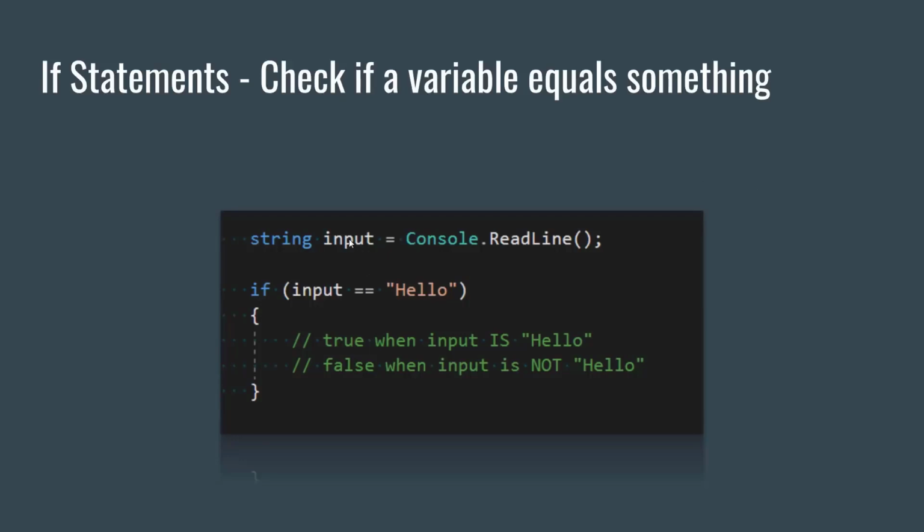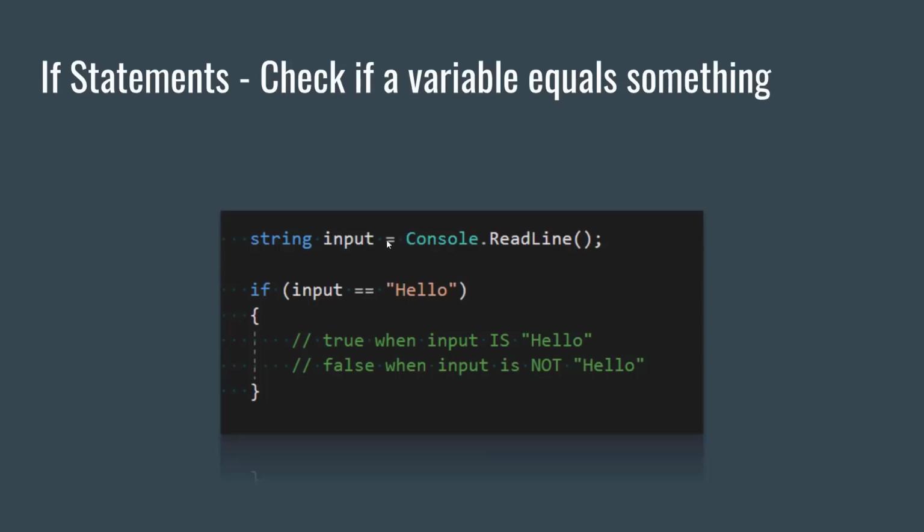So in this case, we have this variable called input, whose value we derive from the user. So the user enters something and it will be stored in input. In the next line, it will be checked. Is input equal to hello? Now here we use double equal signs. Double equal signs are used for comparisons.